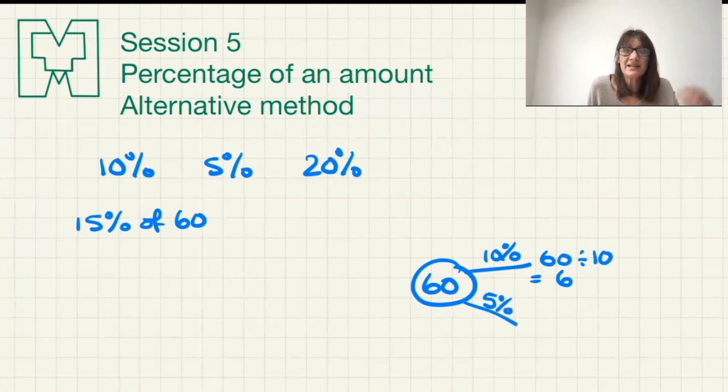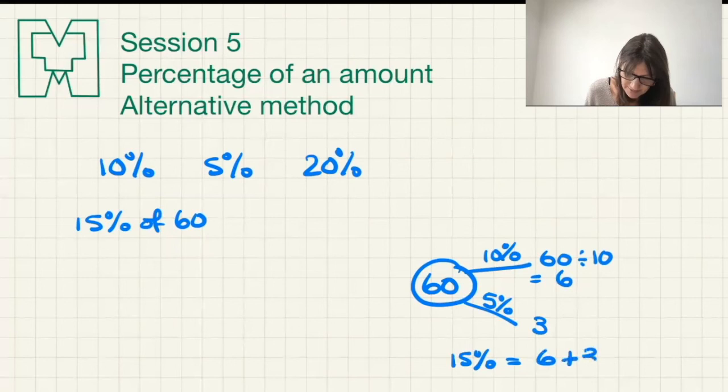Half of 10% is 5%. Half of 6, which is my answer here, is 3. That tells me that 15% is equal to 6 plus 3, which is 9. Okay, so I hope that makes sense what we're doing there.